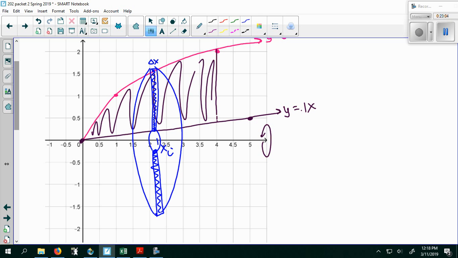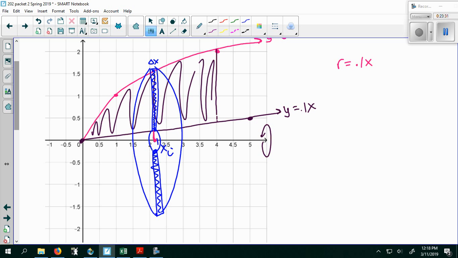Okay, so I need the inner radius and the outer radius of this washer. So the inner radius is the distance from the center, which is the axis of revolution. So the distance from the x-axis to the bottom of my representative rectangle, the closest point of the representative rectangle. And that is on the line y equals 0.1x. So little r, my inner radius, is just 0.1x.